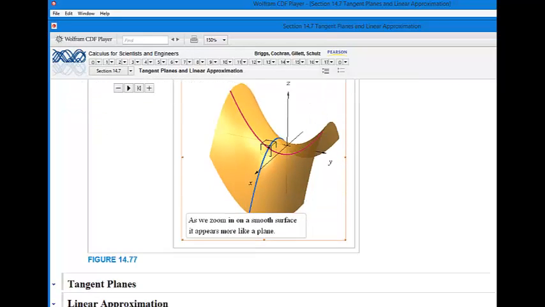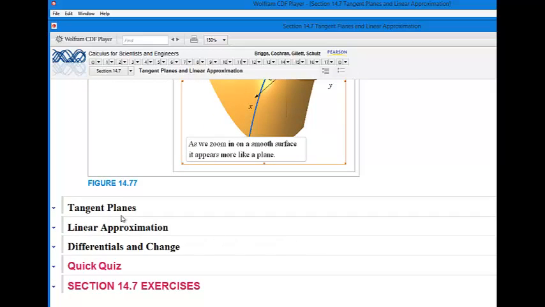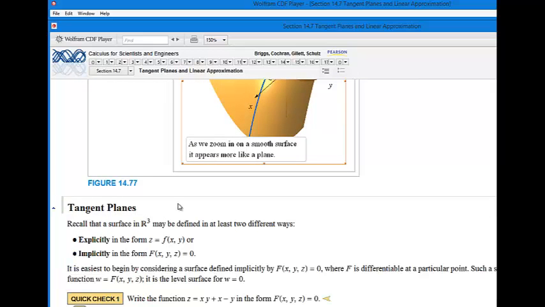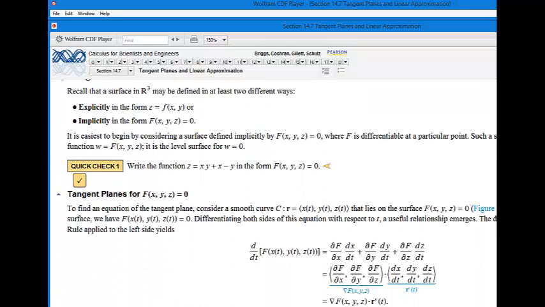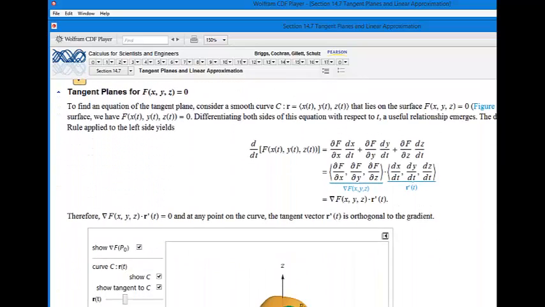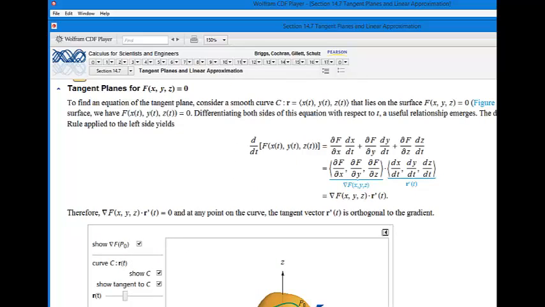So, how do we get tangent planes to a surface? Explicitly or implicitly defined. If we want to take the derivative of something defined implicitly, f of x, y, z equals 0, this ends up being the easiest way to do it.